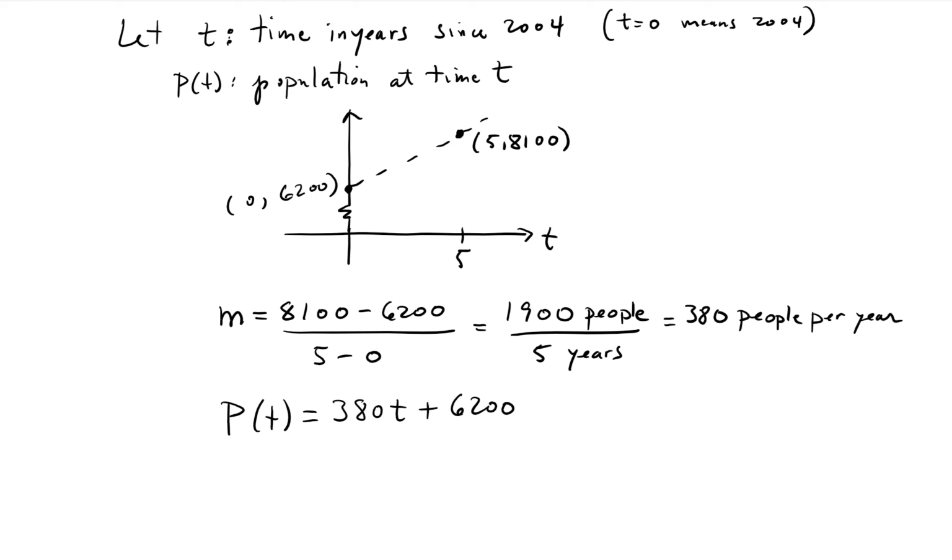Of course, I could have used the other point to write down my equation in point-slope form, but since here I can write it in slope-intercept form, I prefer to use the intercept. Okay, and so by expanding this, I would get the expression above. But of course, both are okay.